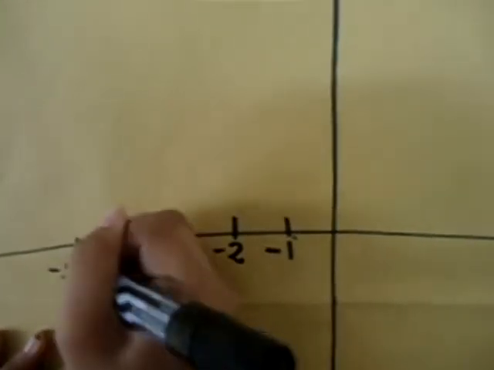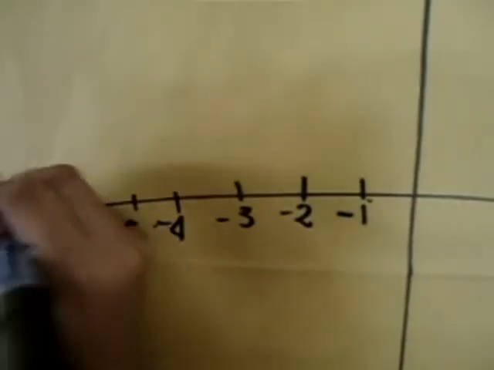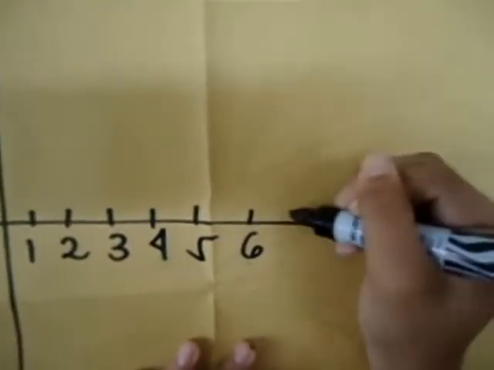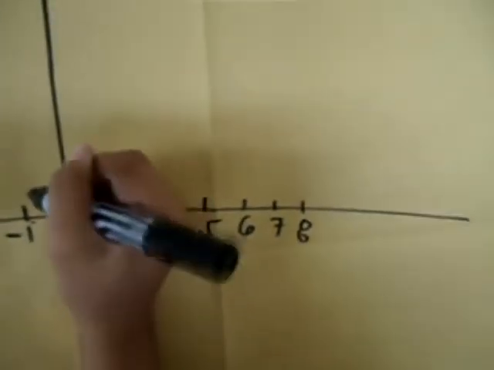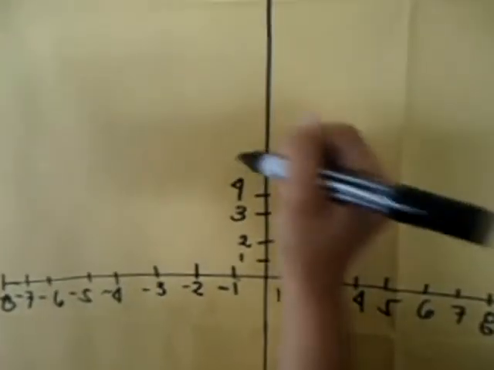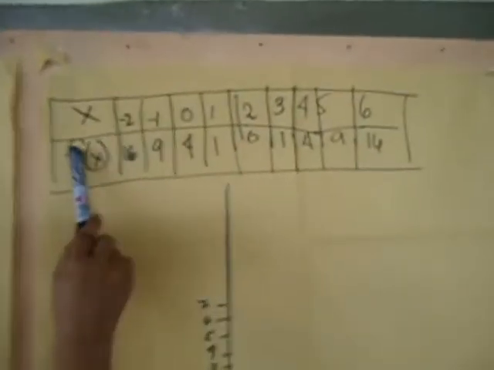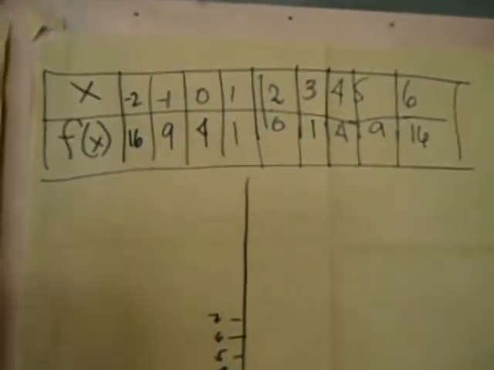Now let us graph that. Table of values. For x, we have -2, -1, 0, +1, +2, +3, +4, +5, and +6.